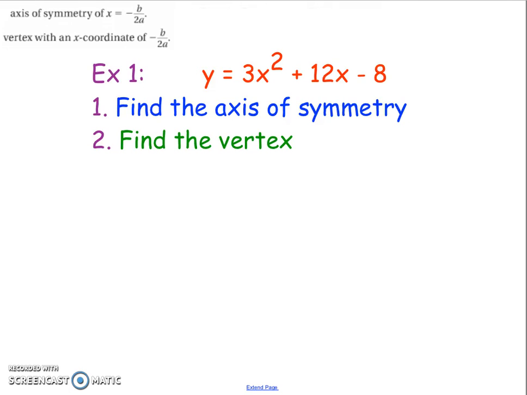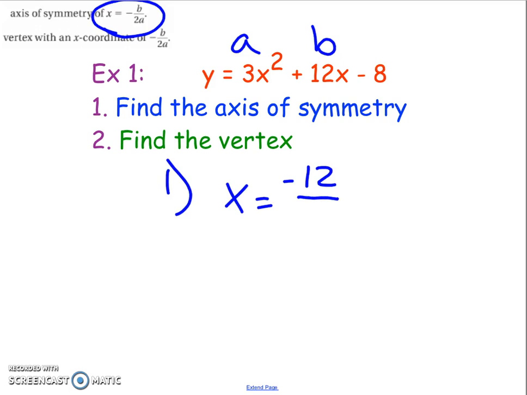So if we've got y equals 3x squared plus 12x minus 8, we're first going to look at the axis of symmetry. So I've got x equals the opposite of b over 2a. Here's my b value, and here's my a value. So the opposite of b, so negative 12, over 2 times a.